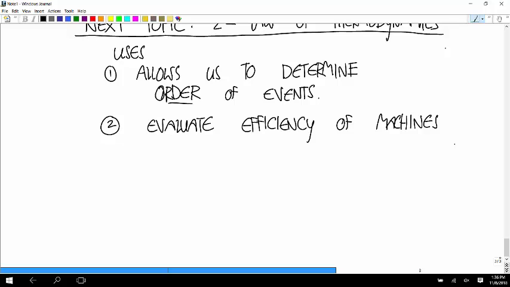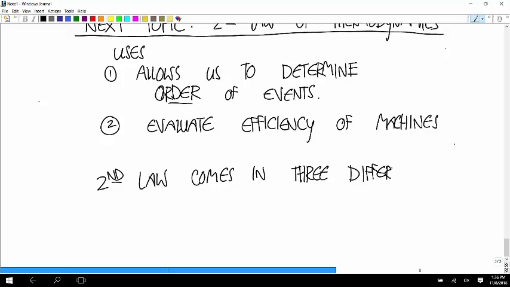There are 3 different forms of the second law of thermodynamics. So it comes in 3 different but equivalent statements.